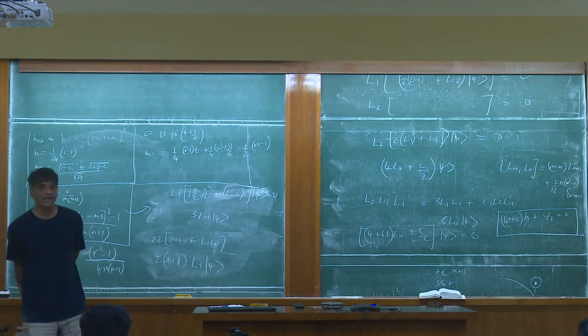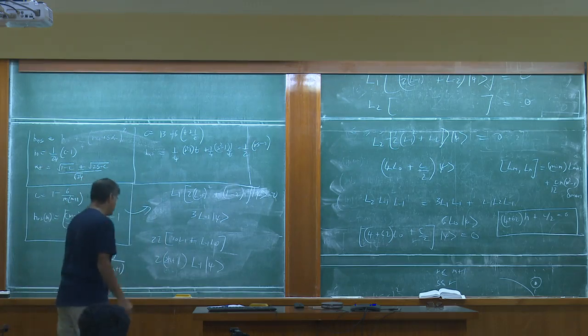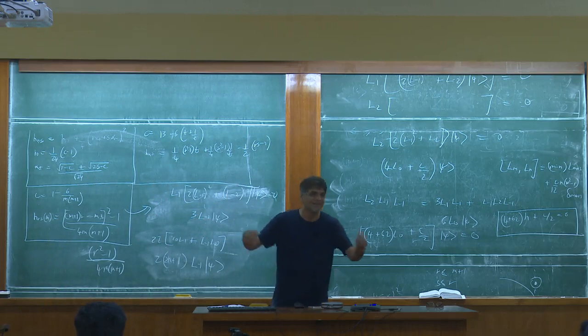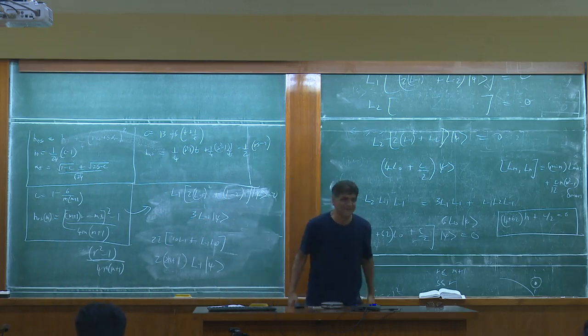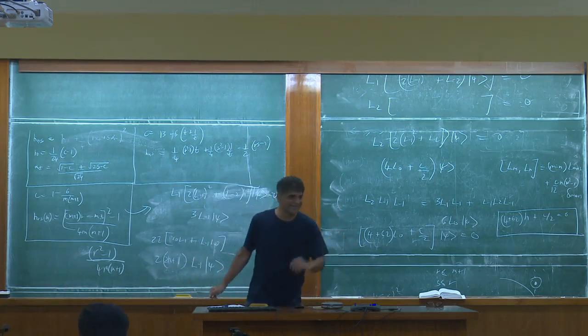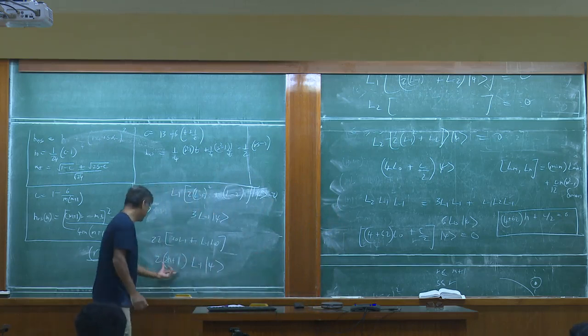Now we are assuming that our state has a null state at level 2, but no null state at level 1. Actually, the only module that has a null state at level 1 is the identity module. We proved that, if you remember, because L minus 1 on something equals 0 means the derivative of that thing is equal to 0. So L minus 1 on psi is not 0. Therefore, this must be 0.